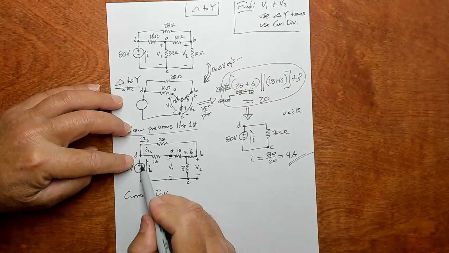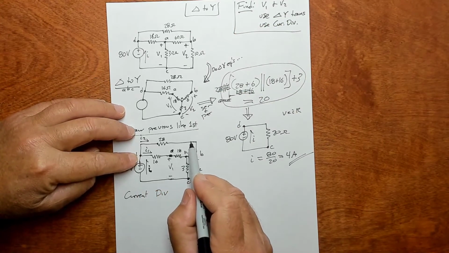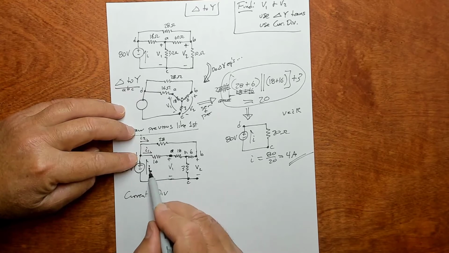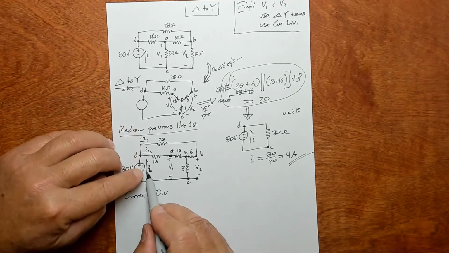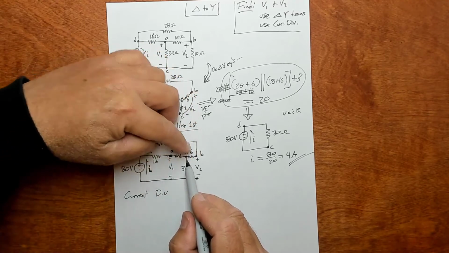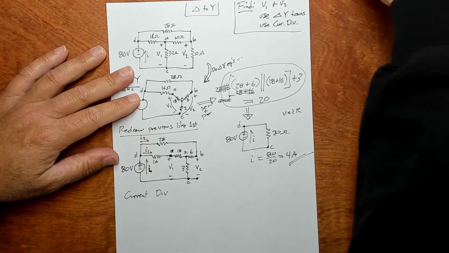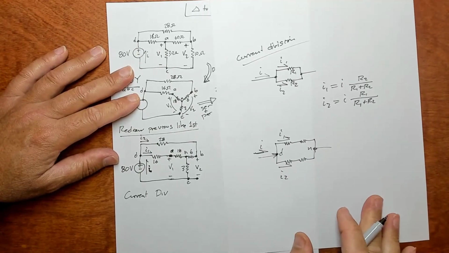So once again, I comes into node D. It splits, and it goes through the 28 ohm and the 6 ohm, and comes back to node N. And the rest of I goes through the 16 and the 18 and comes back in. So this current I splits and goes around, and it joins back together at N. This is node D and this is node N. Okay?